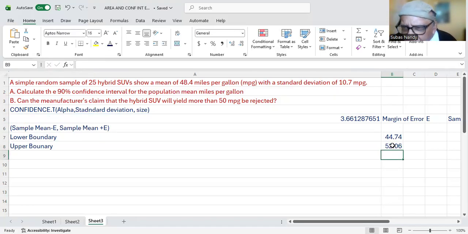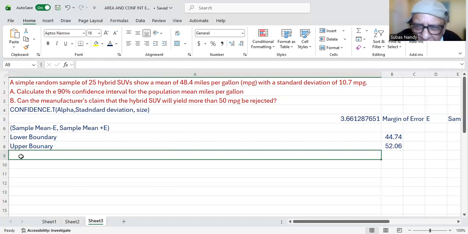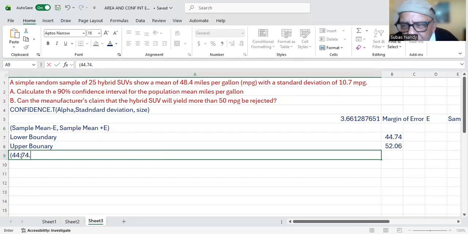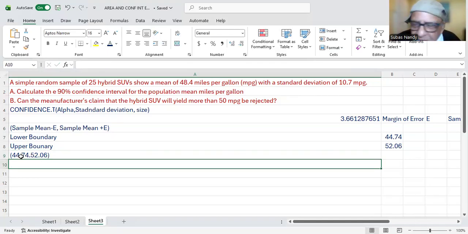So it is 52.06. So basically we can write the confidence interval in this form: 44.74, comma, 52.06. So with 90% confidence, we can state that the actual population mean will be between these two numbers.